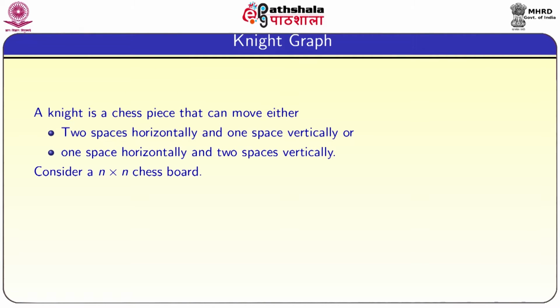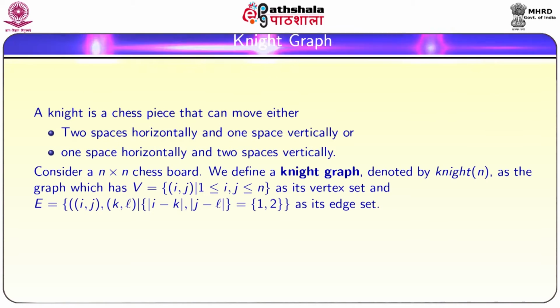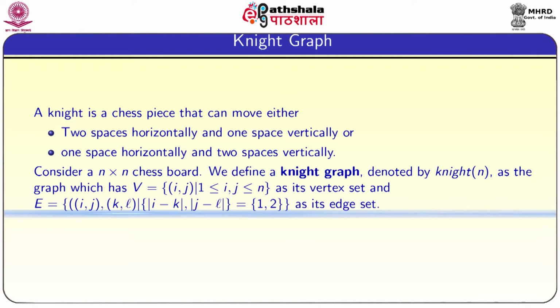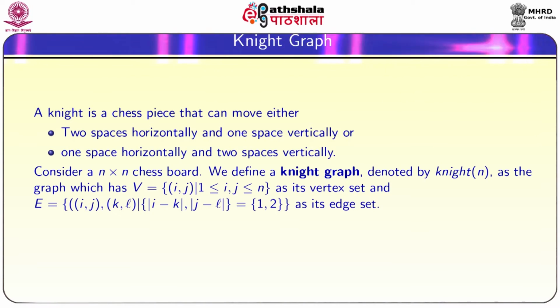Consider an n-cross-n chessboard. We define a knight graph, denoted Knight(n), as the graph with vertex set V equal to the ordered pairs (i, j), 1 less than or equal to i, j less than or equal to n, and edge set as follows: there is an edge between (i, j) and (k, l) if (modulus of i minus k, modulus of j minus l) is in the set {1, 2}.